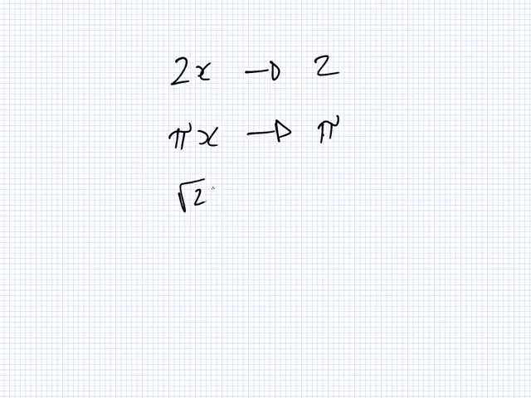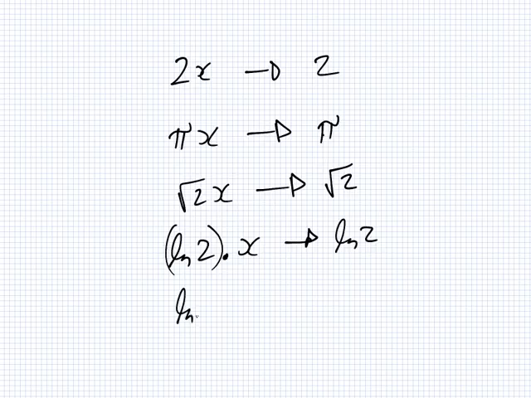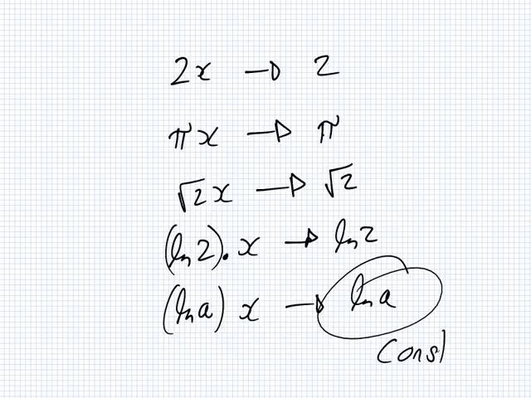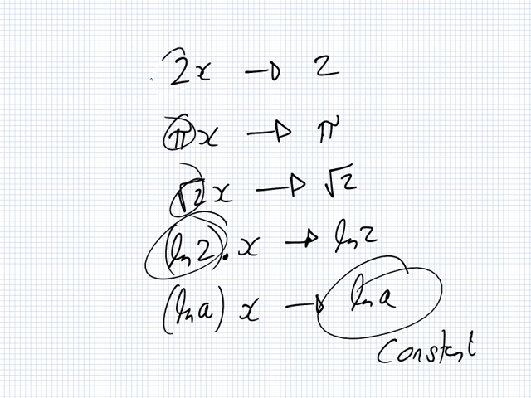What's the derivative of this? Square root 2. What about this? ln 2. No plus. This is just like a constant. It's a number. Like this, and this.